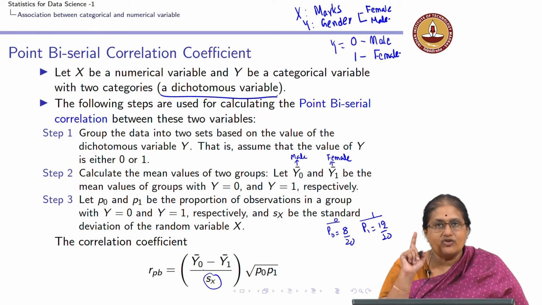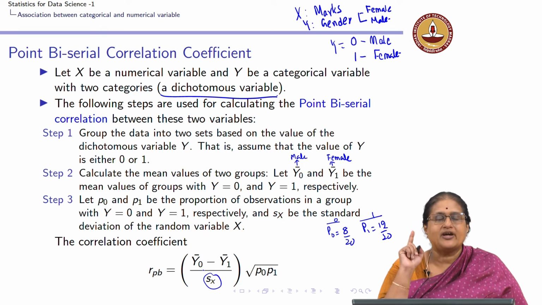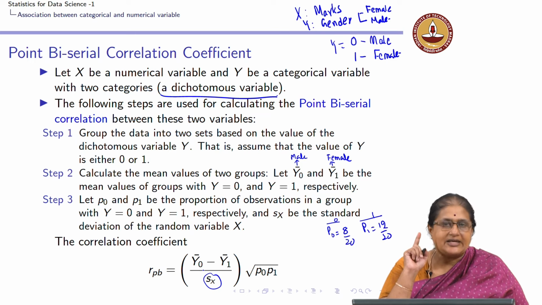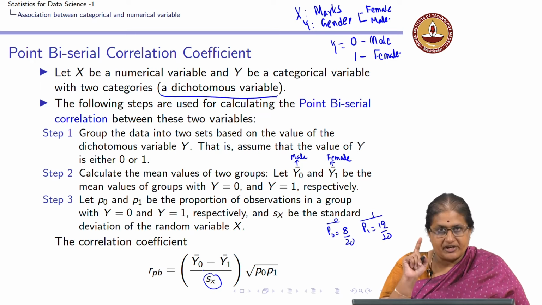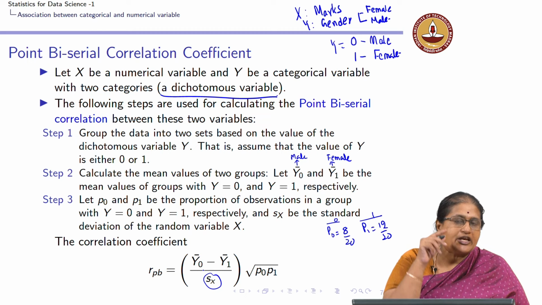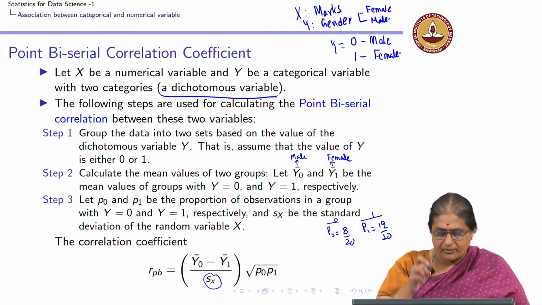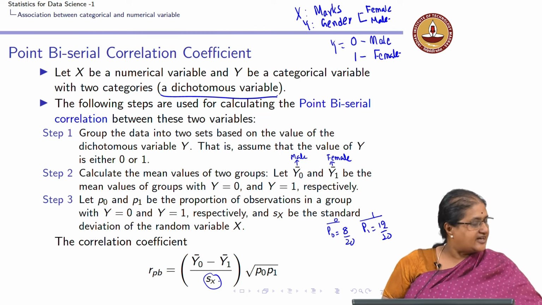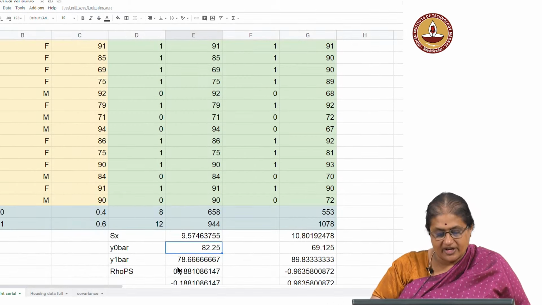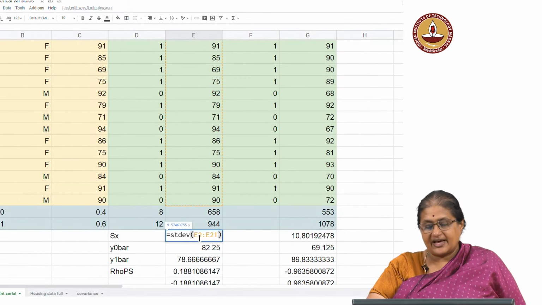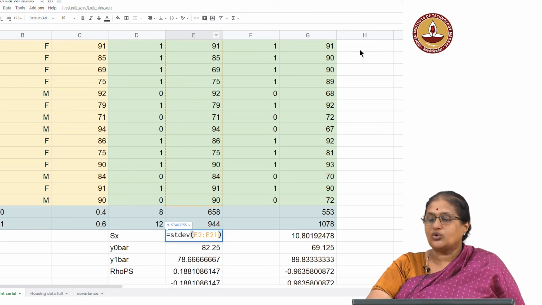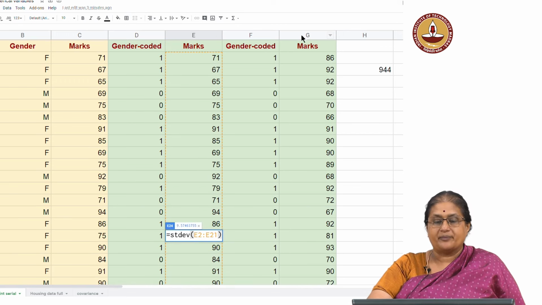Remember, when I have a numerical variable, I can define the standard deviation, which tells me about the variability of that variable. So, Sx is the standard deviation of the entire variable, which is E2 to E21.